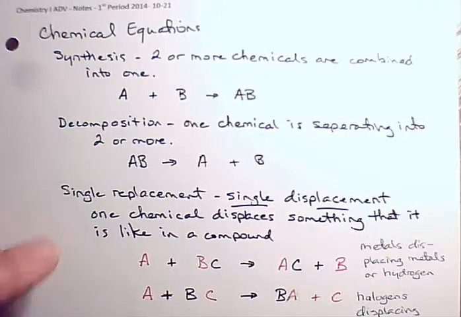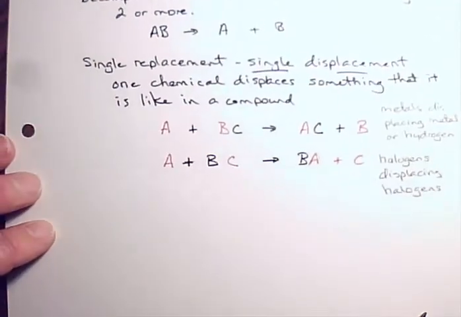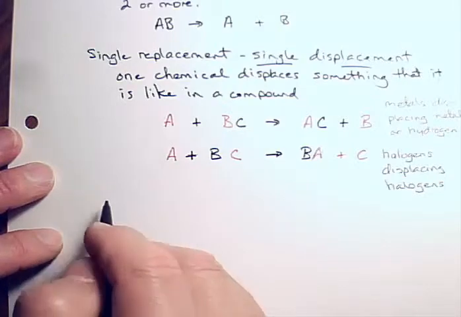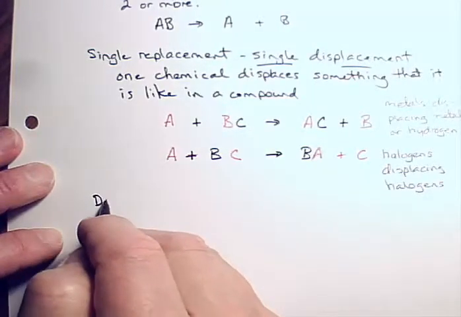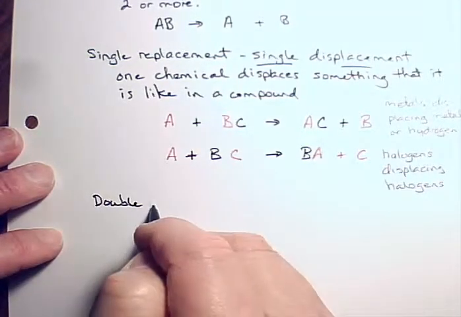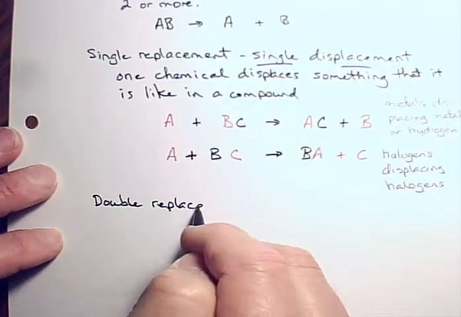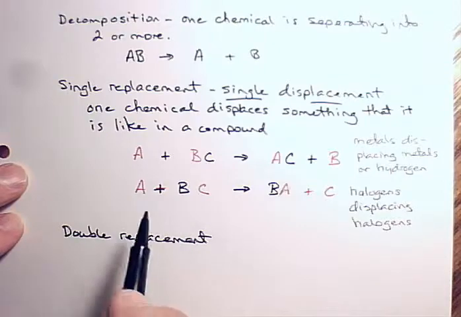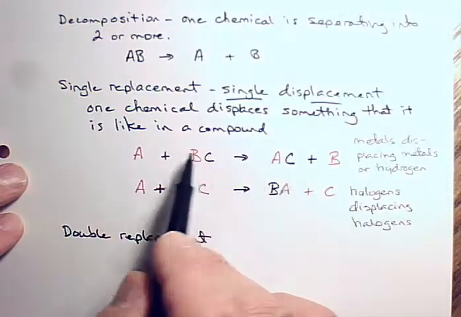All right. So that's single replacement, or single displacement. Now we're going to have double replacement. I don't use double displacement; I pretty much use double replacement here. So this is a super simplified reference to this.